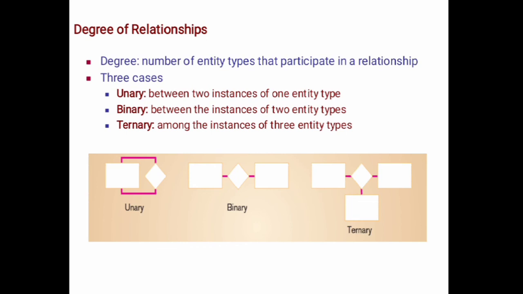There are degrees of relationship, three types of degree. One entity type is unary, two entity types is binary, and three entity types is ternary. Those are the symbols of unary, binary and ternary.